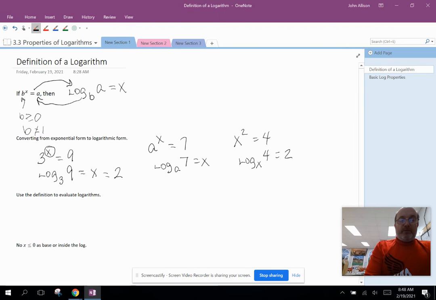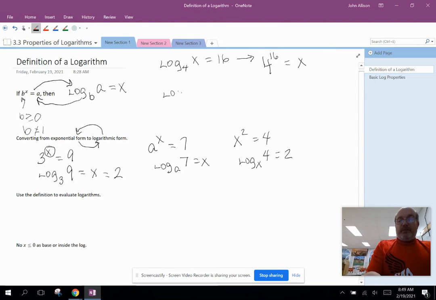We can also go from logarithmic to exponential. So if we had an equation that said log base 4 of x equals 16, then going from logarithmic to exponential, the base of the logarithm becomes the base of the exponent, we raise that to the 16th power, whatever number was on the outside becomes the power, and that equals what was inside the log.